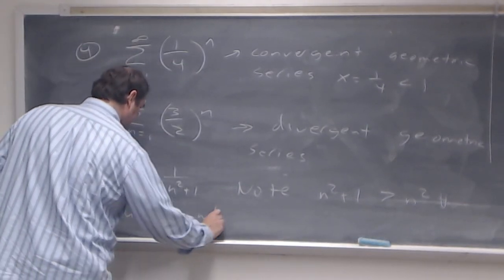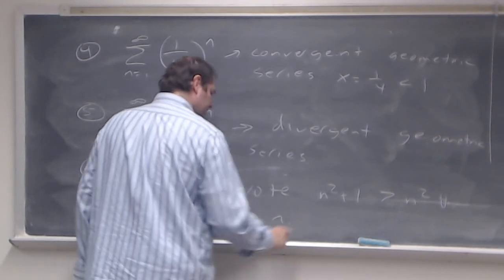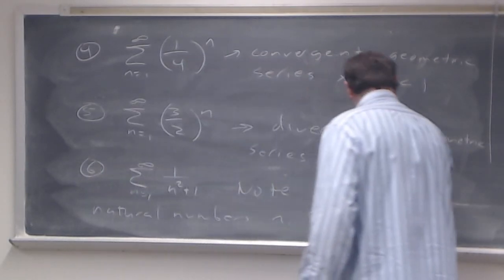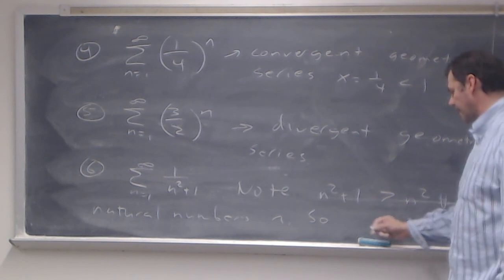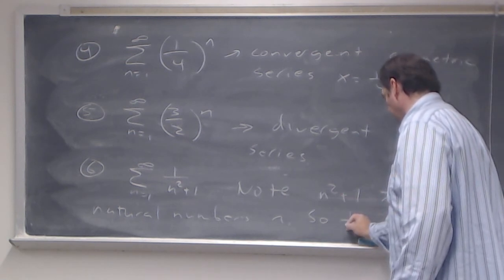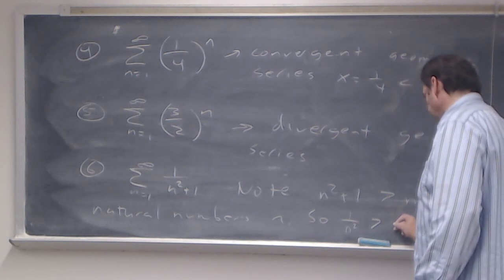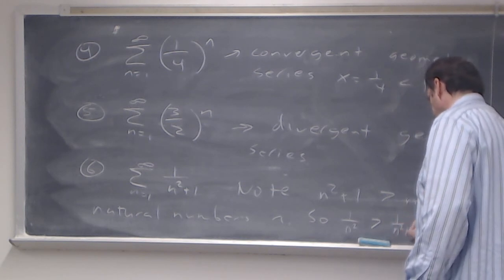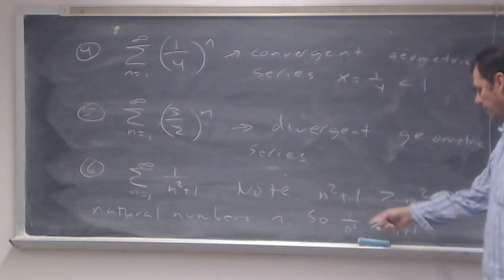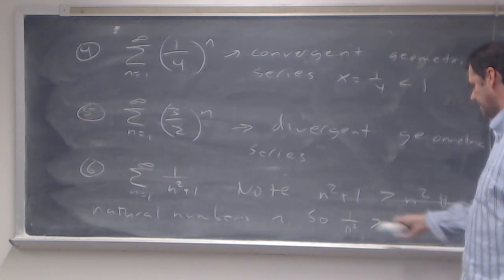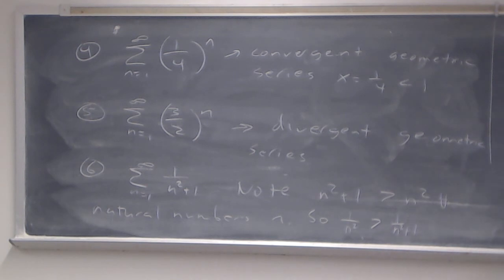So that means that here we divide by n squared, and we divide by n squared plus 1. So you get 1 over n squared is going to be greater than 1 over n squared plus 1. And so the absolute value of this is less than that. And that's for all natural numbers.